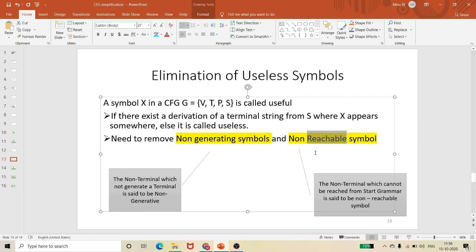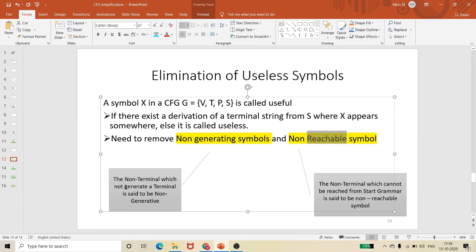A non-terminal is useless if it is not generating any terminal, that is, any small letters, for those who don't understand these things. That is a non-generative symbol. And if a non-terminal is not reachable from its start state, it is said to be a useless symbol.